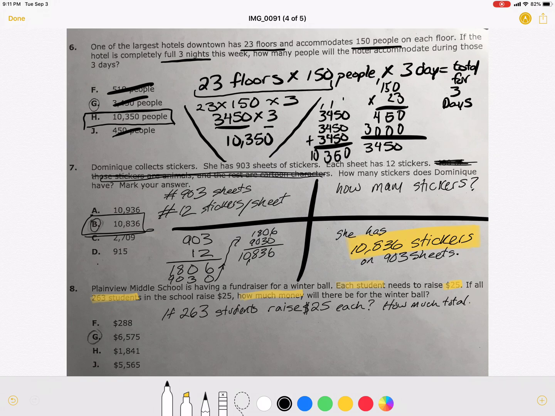Because that's the essential question. So at that point, it just becomes multiplication of those two numbers. Let's do them as expanded: 200 plus 60 plus 3, and 20 plus 5.